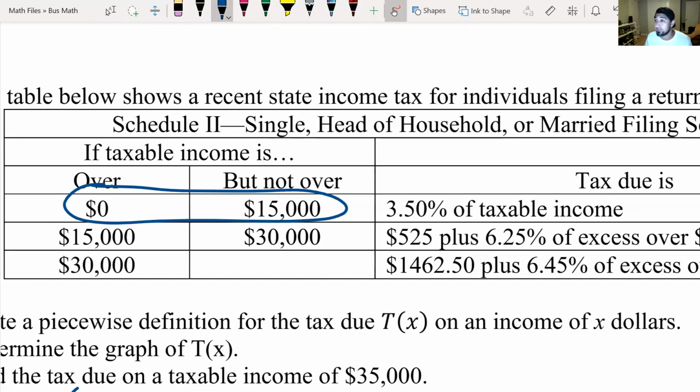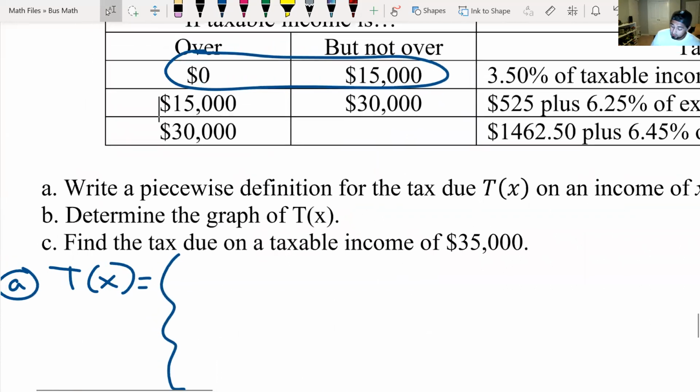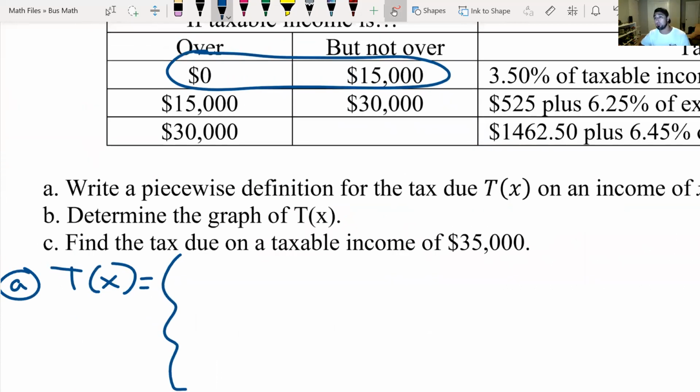So this one's the easiest function to make. So this means that whatever X amount of money we make, you're going to multiply it by the 3.5%, and that is the tax you're going to pay. So for the very first part of the piecewise function, and remember, we always convert percent to decimal. So you're going to have 0.035x. This represents the 3.5% tax on X amount of dollars between $0 and $15,000.